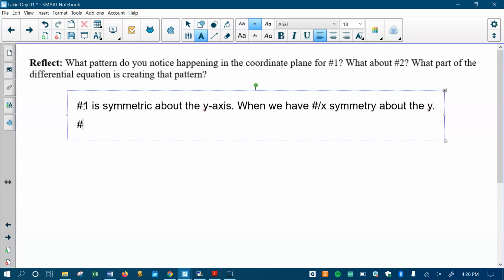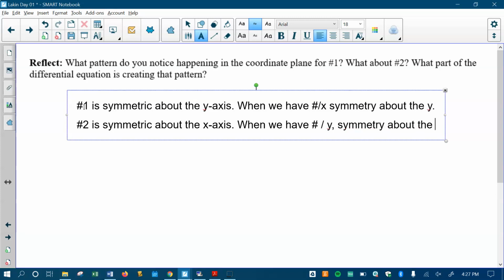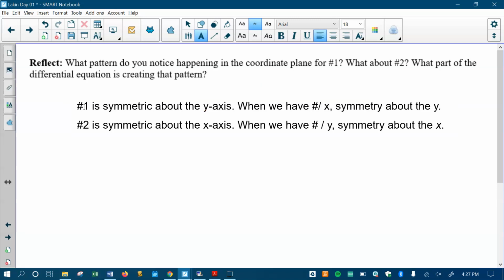And then number 2 is symmetric about the x-axis, with similar reasoning: a number divided by y, and symmetry will be about the x-axis. That's the pattern.